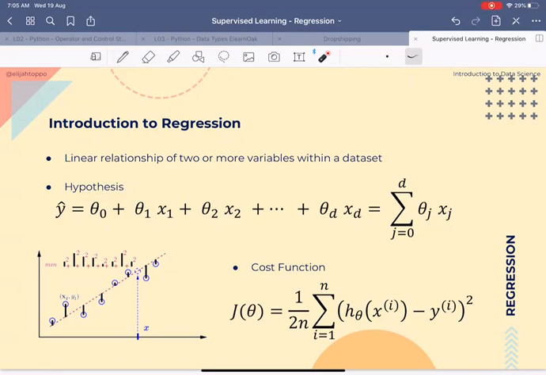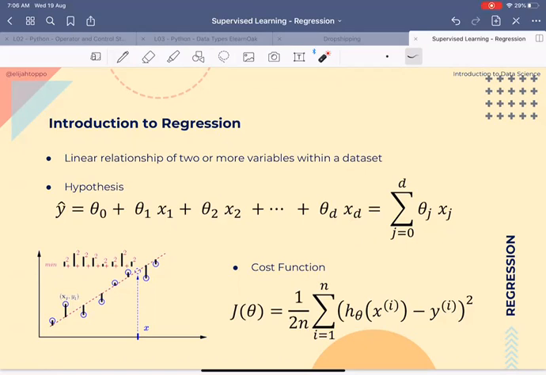Let's say we have our features of the data set as x1, x2, x3 till xd, which represent the different dimensions of the data that we have. If this was a Titanic problem, then this would be our age, this would be our gender, this would be our fare, and so on. So different dimensions of the data. And we say that these different dimensions of the data contribute in different ways.